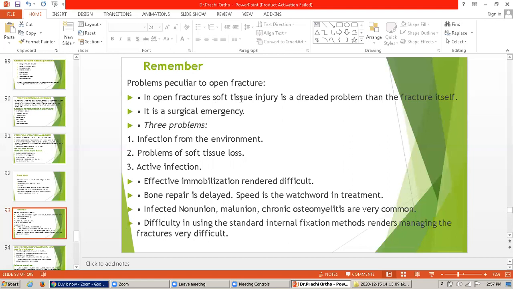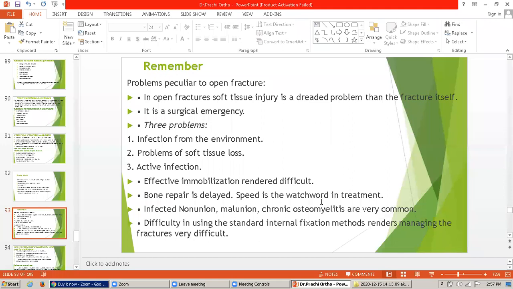In an open fracture, soft tissue injury is a more dreaded problem than the fracture itself. It is a surgical emergency, and there are three problems: infection from the environment, problem of soft tissue loss, and active infection. So effective immobilization is rendered difficult and bone repair is delayed.